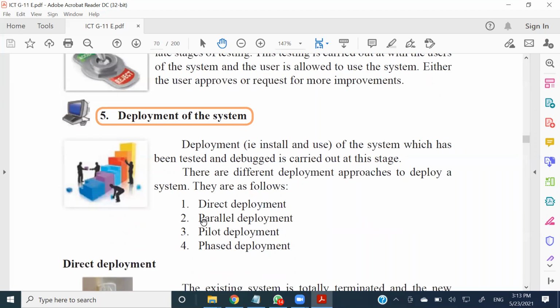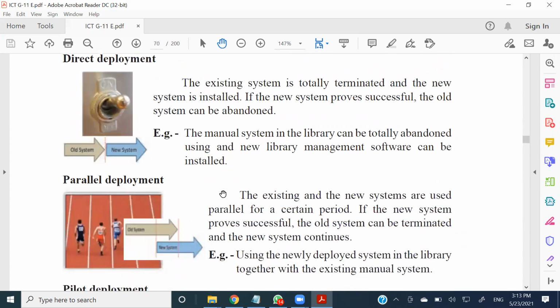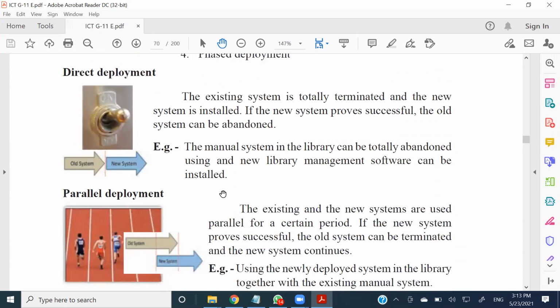So what are these? When it comes to direct deployment, it is about taking the old system away entirely and the new system is given to be used, right? As an example, let's say we are trying to replace a manual signing attendance system with a fingerprint system.